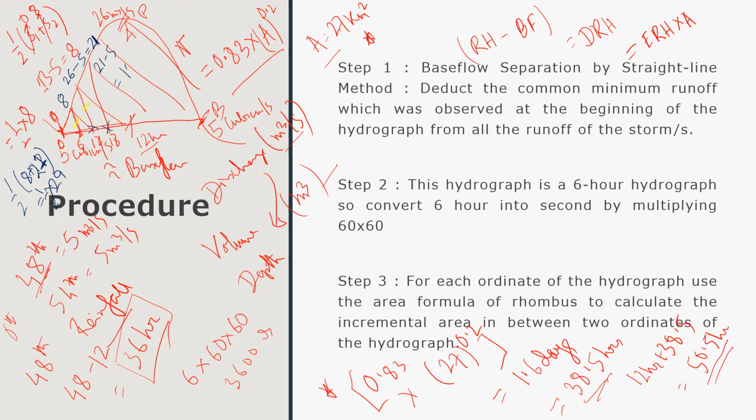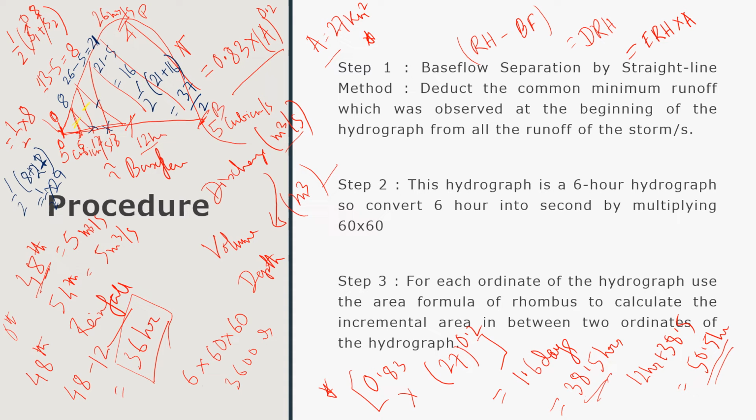It becomes 16 cubic meter per second. So the formula is half S1. Now S1 is 21, S2 is 16. Right? So 21 plus 16, it is how much? 37 divided by 2. So 18.5.